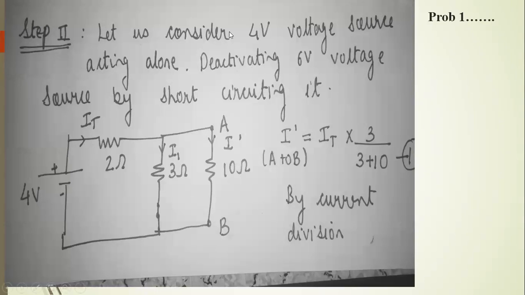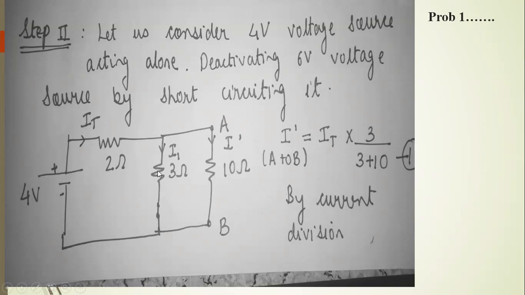Step number 2 is, let us consider the 4 volt voltage source acting alone, and we will deactivate the 6 volt voltage source. Since the internal resistance of the 6 volt voltage source is not given, we will assume that it is an ideal voltage source. Thereby we will just short circuit the voltage source. So now we have in the circuit a 4 volt voltage source, 2 ohm resistor, 3 ohm resistor and 10 ohm resistor. We are interested in calculating the current through the 10 ohm resistor.